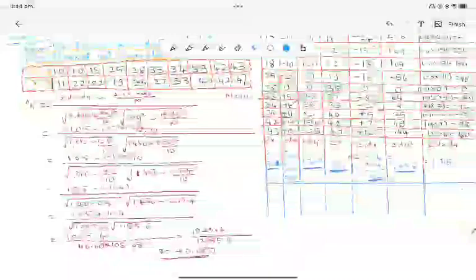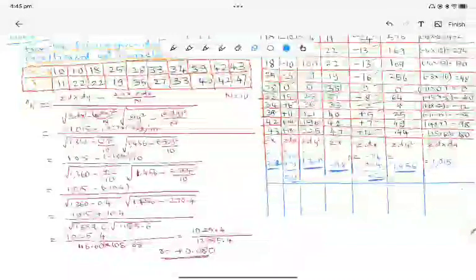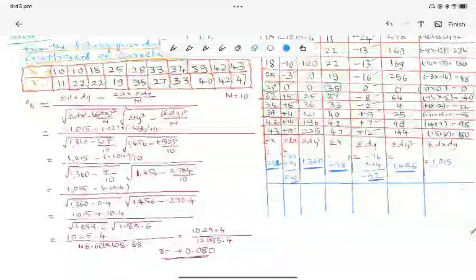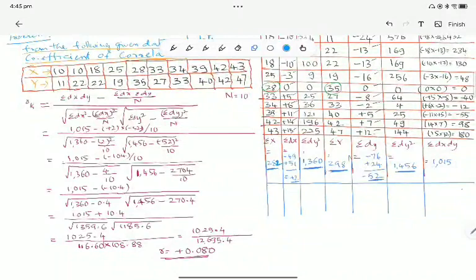The formula we know is rk, the Karl Pearson coefficient of correlation, rk is equal to sigma dx dy minus sigma dx into sigma dy divided by n, all divided by under root of sigma dx square minus sigma dx whole square divided by n, into under root of sigma dy square minus sigma dy whole square by n.